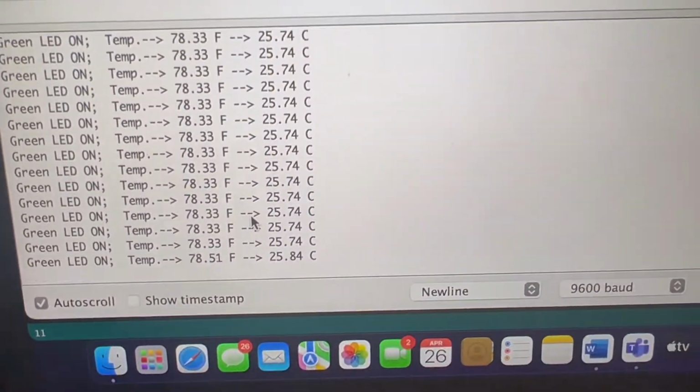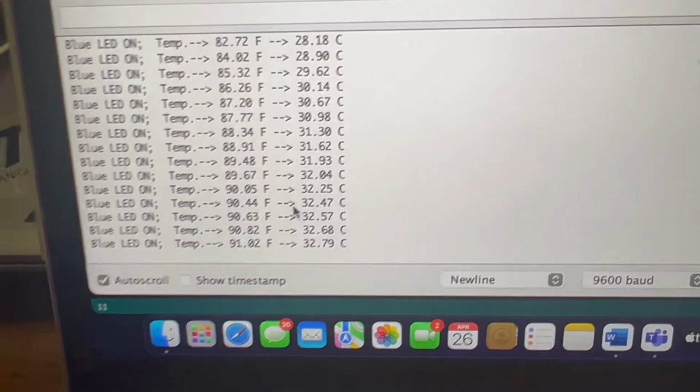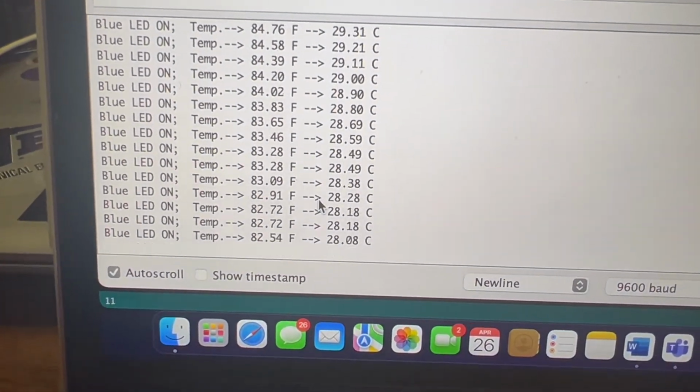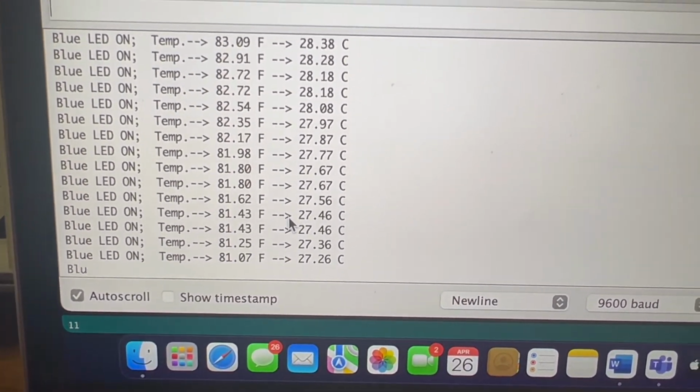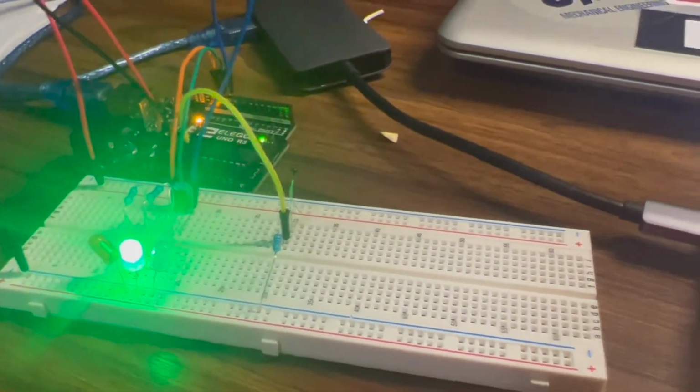Now, when I apply heat, you can see how the temperature went up and my blue LED is on. You can see it decreasing in value. Once it gets to 79, boom, green LED is on.